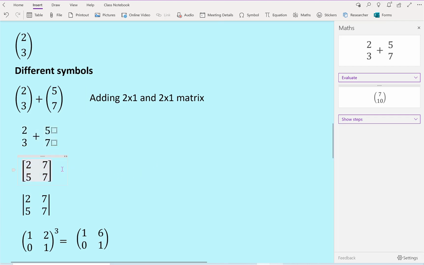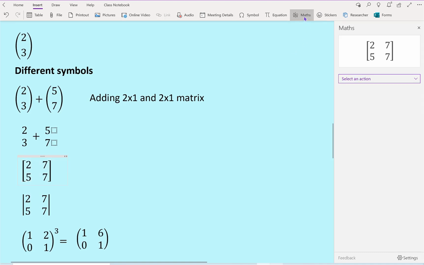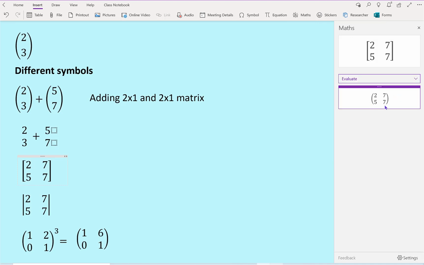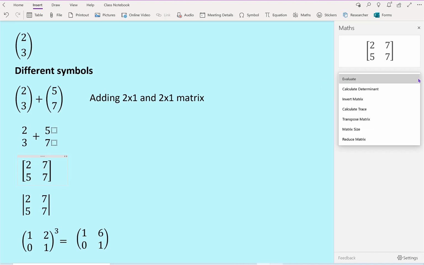Right, the next one. I've used the equation tools again, and this is how it should look when you try to evaluate the matrix. So let's put a math operation and then evaluate. Yes, it does pick up as a matrix. Now let's say I want to find the inverse matrix.